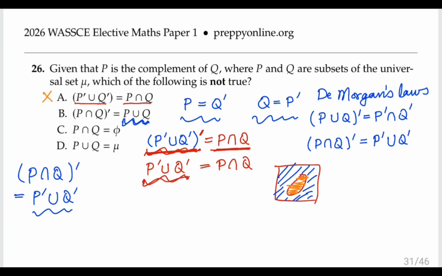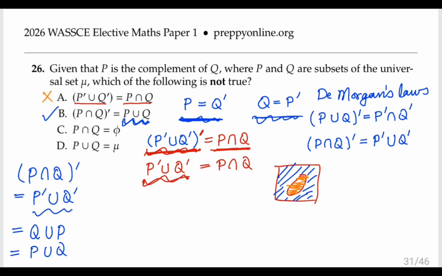Well, because we are told that P equals Q complement and Q equals P complement, if we write P complement as Q and Q complement as P, then indeed this is equal to Q union P, which is equal to P union Q. So B is correct.